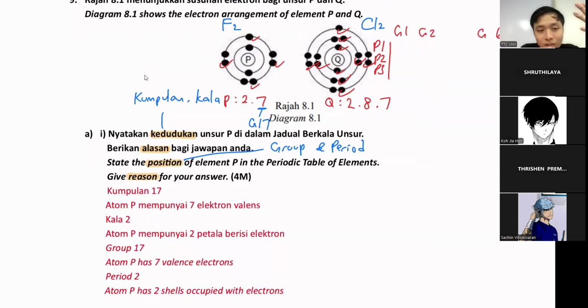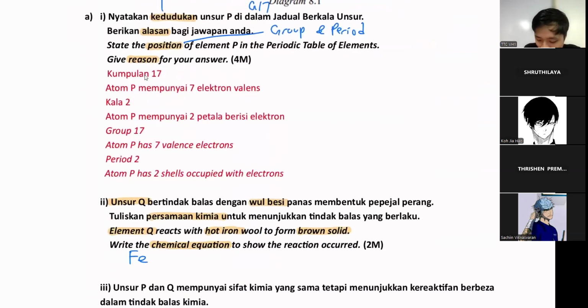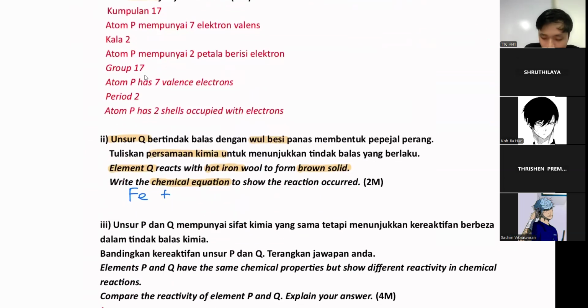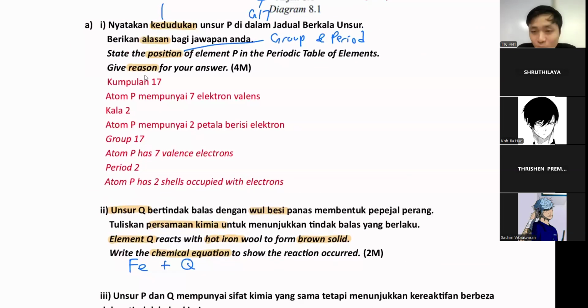Don't forget, in this case, if they say Fe reacts with Q, and you just write Q, then it is already wrong. I always see students make this mistake because they only write Q. Remember, oxygen is O2, chlorine is Cl2, fluorine F2, bromine Br2, hydrogen H2, nitrogen N2, right?